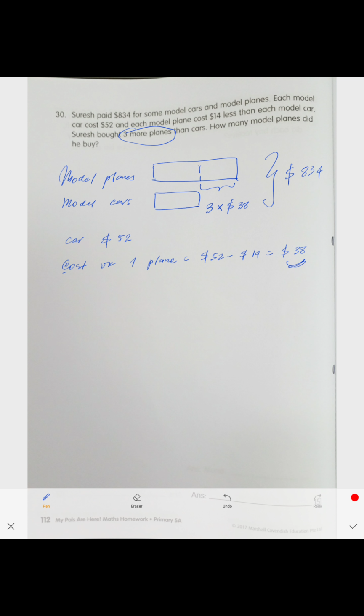That's our difference. Now, how do we calculate this thing and this thing, right? Well, definitely we can see that those are one car and one plane, right? So we need to calculate the cost of one car and one plane. Luckily we know both of them. One car is 52, one plane is 38. So 52 plus 38 is 90, right?